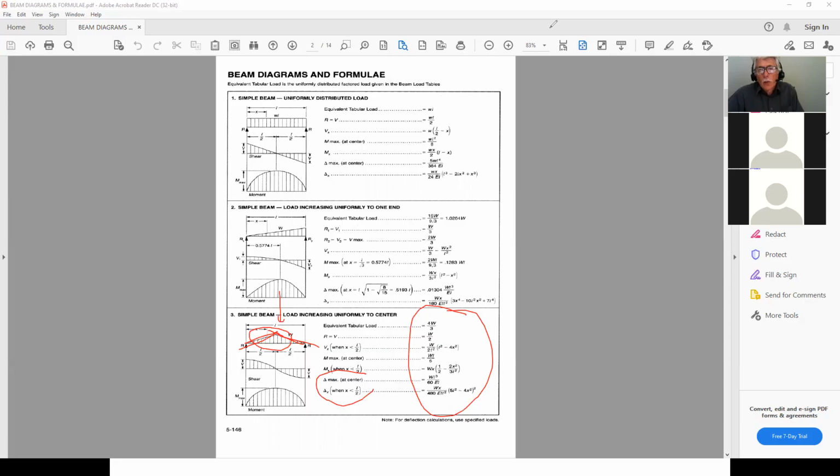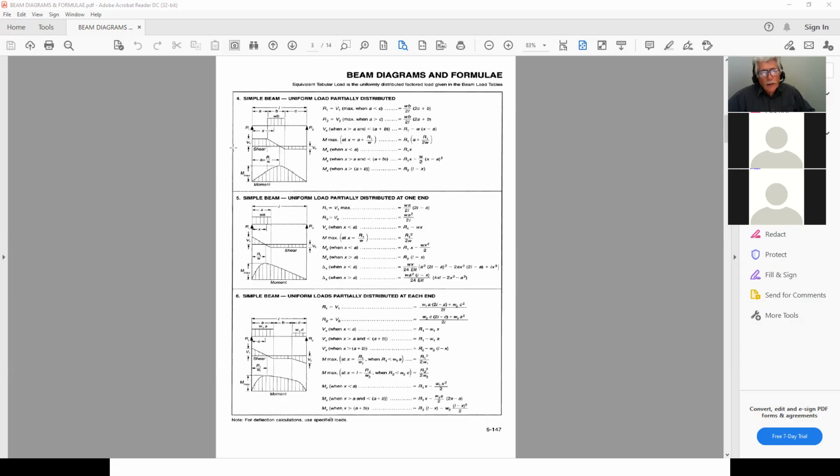So the only thing you have to be careful about when you want to use these tables is that whatever you want to analyze, you have to make sure it corresponds exactly to the diagram you have here. So for example, on the next one, this is if I have a distributed load and it's somewhere along the beam, then I can use this one here to do all my calculations.